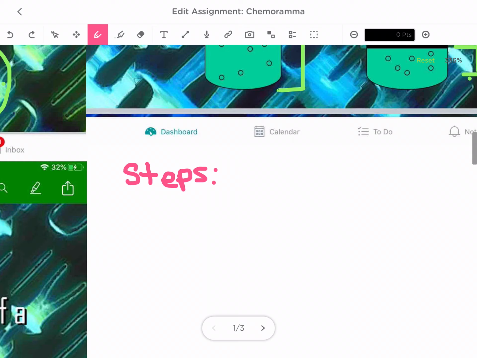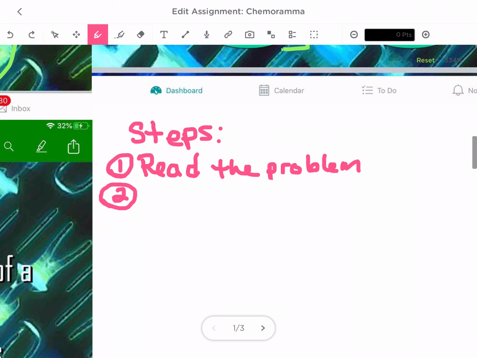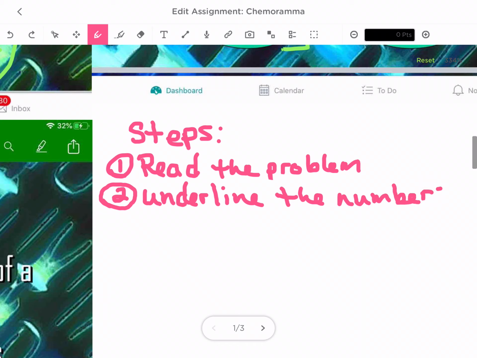Okay, so here's the steps. Number 1, read the problem. Number 2, underline the numbers. Trust me, just do it. Underline all the numbers.